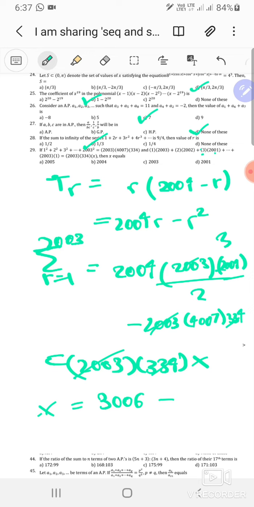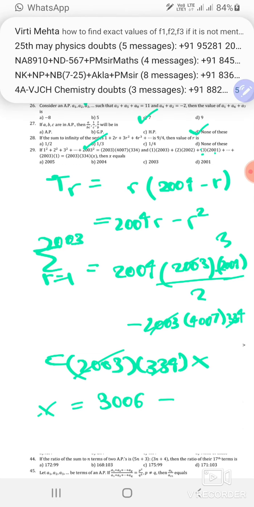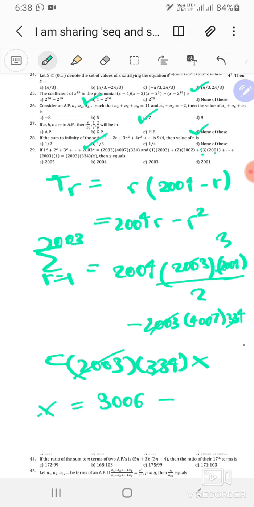Wait, that's not what we wanted. Wait a second, that is not working. 2n plus 1, that has to be 4007, right? Okay, so why are we getting a negative answer?